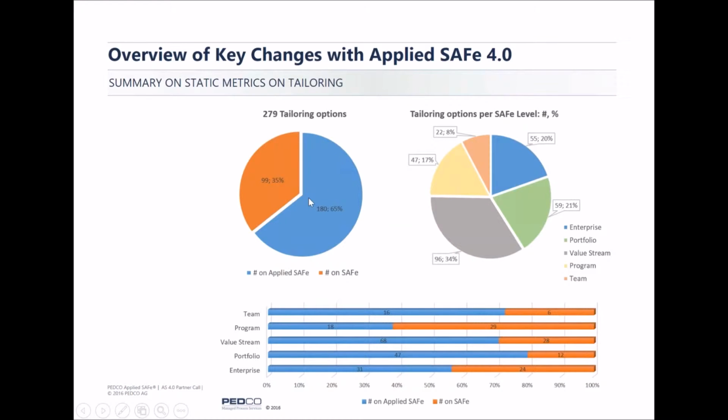Almost double that size we have in the tailoring options of Applied SAFe, because that is also included in the instantiations and the various practices as we use them for regulated environments. You see most of the tailoring options are again in the value stream and portfolio, because those are the things which can be handled very differentially and specifically.